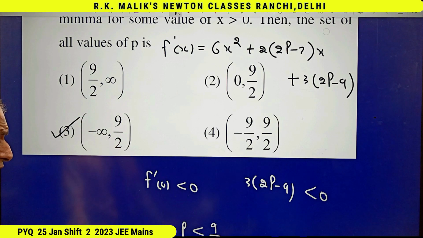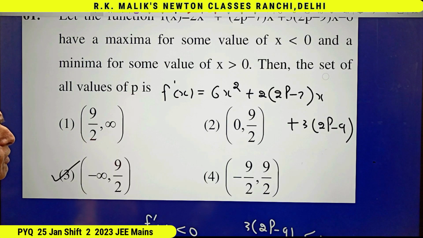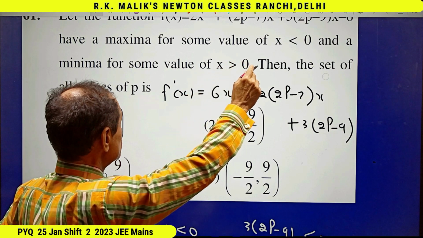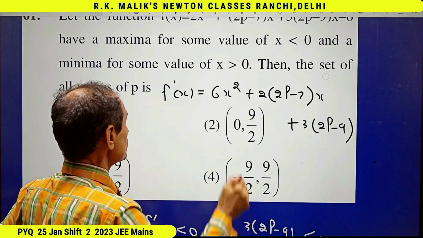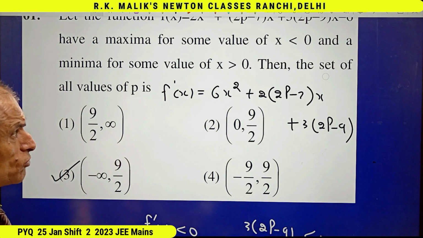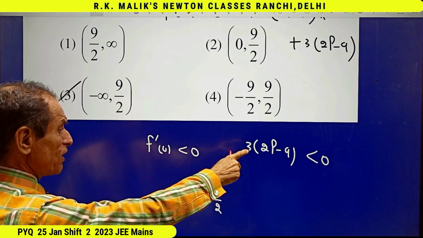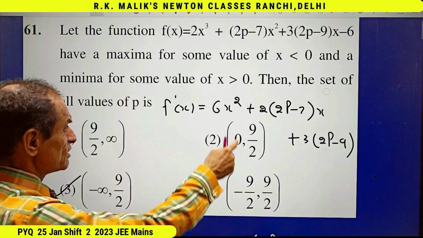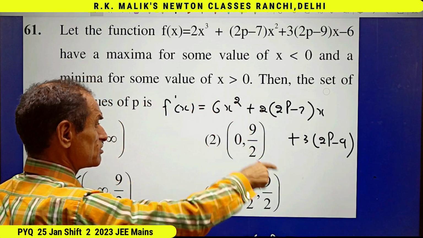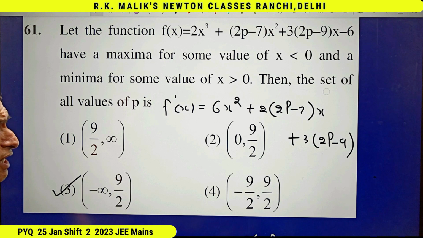Many students will have this question in mind: where have we used the condition that local maxima should be at x less than 0 and minima should be at x greater than 0? This condition simply implies that this equation has one root negative and one root positive.